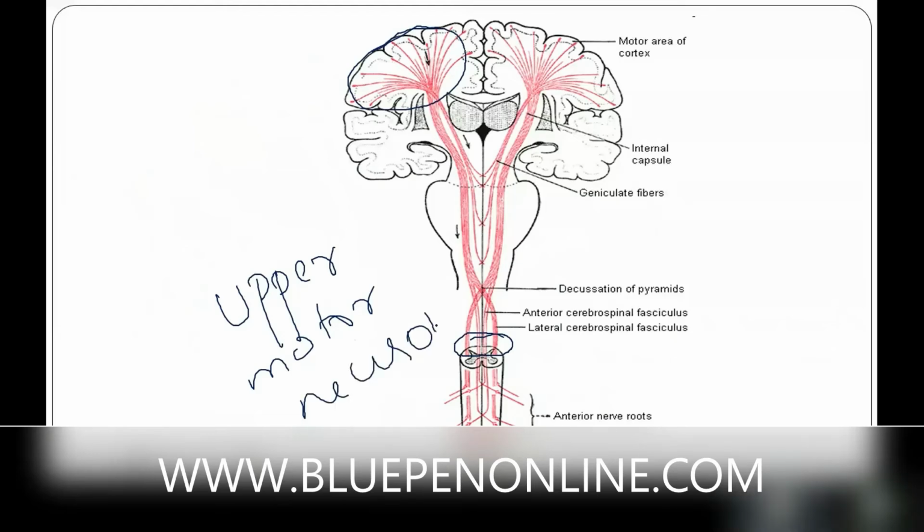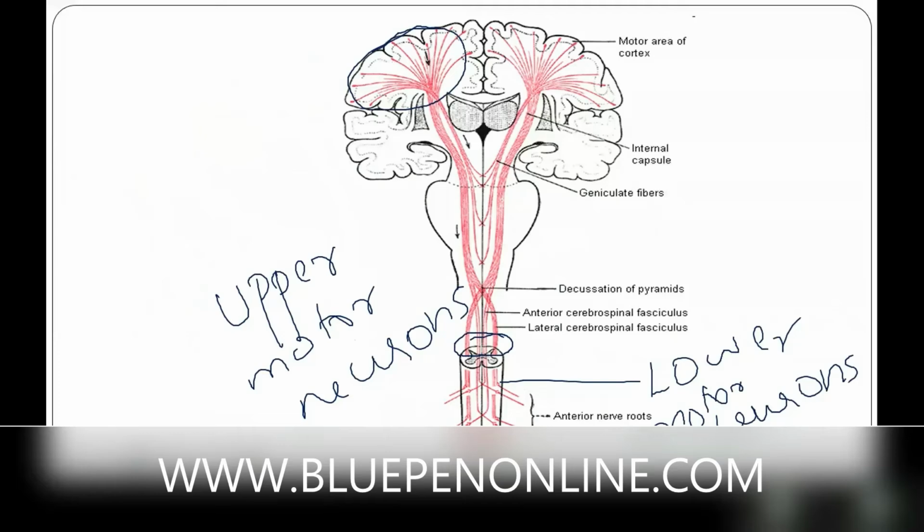Neurons that start at the brain, that is the primary motor area of the cerebral cortex, and end in the spinal cord are called upper motor neurons. And the neurons that carry information from the upper motor neurons to the muscles are called lower motor neurons. Clear?